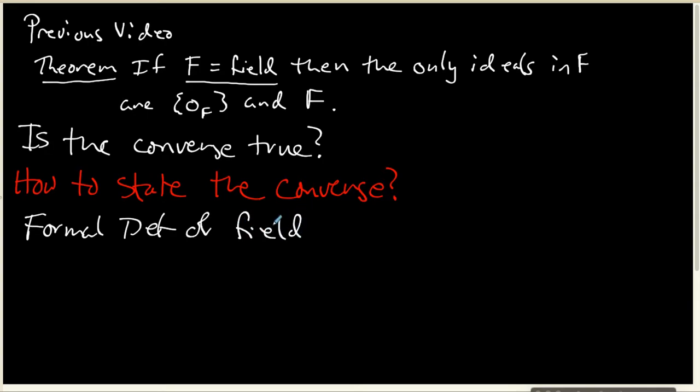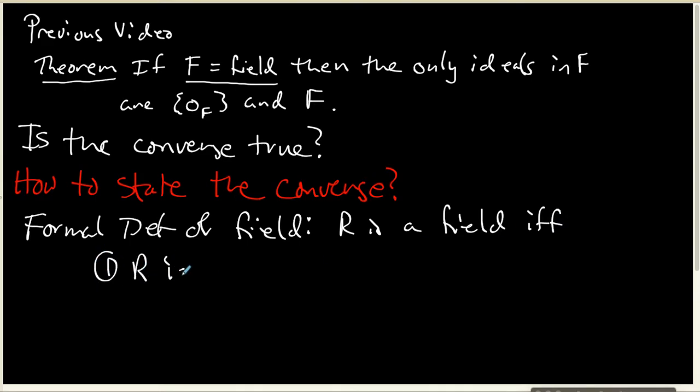The formal definition of a field that our author uses in the textbook that we're currently using includes all of the following things. R is a field if and only if, one, R is a commutative ring.